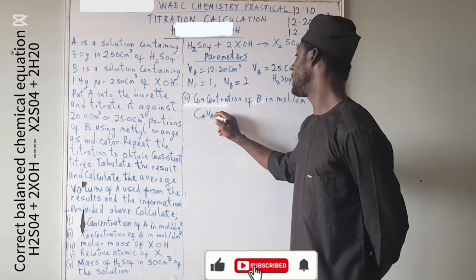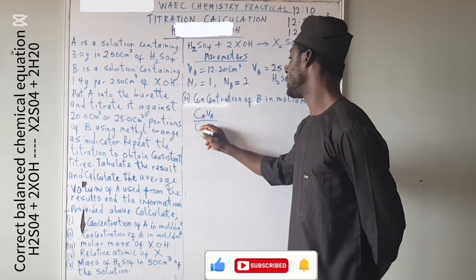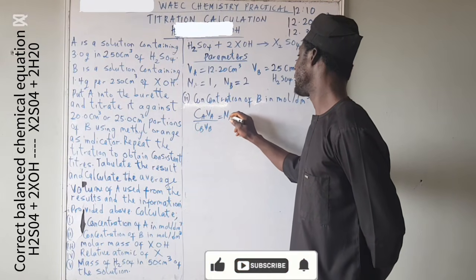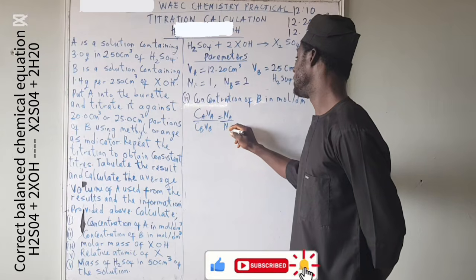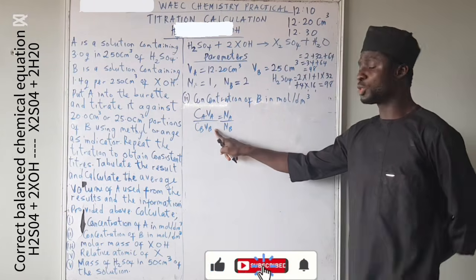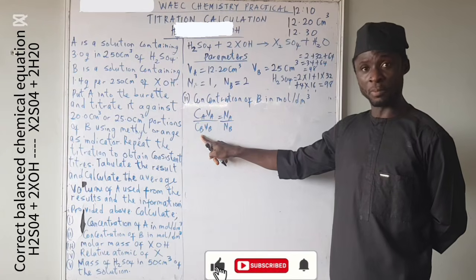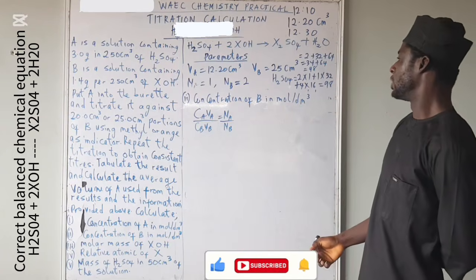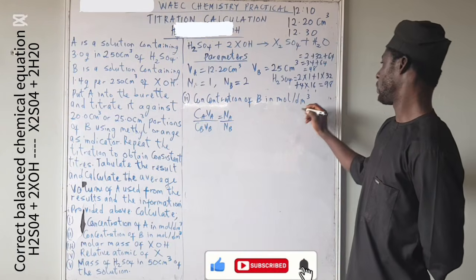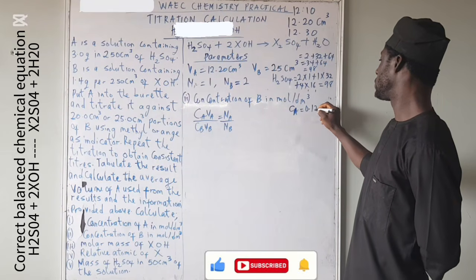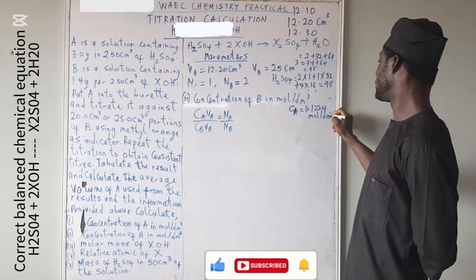CA VA over CB VB is equal to NA over NB. We use this formula to calculate the concentration of acid in mole per dm cube or the concentration of base in mole per dm cube. Now, we have gotten our CA to be 0.1224 mole per dm cube.